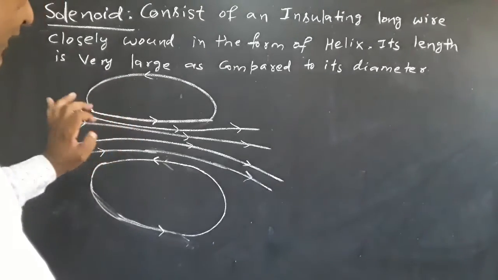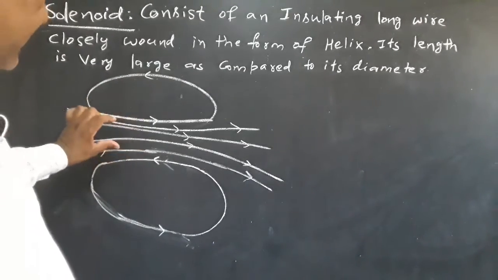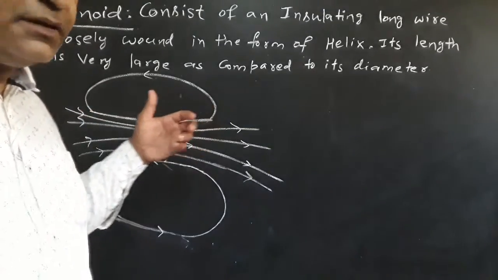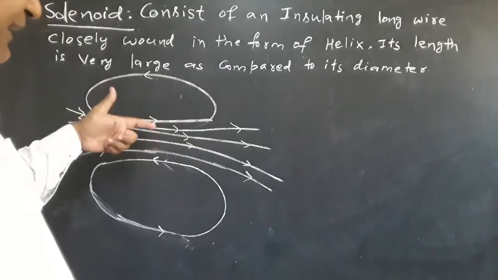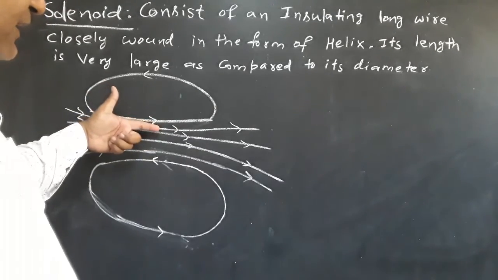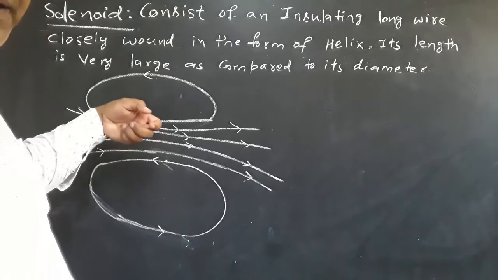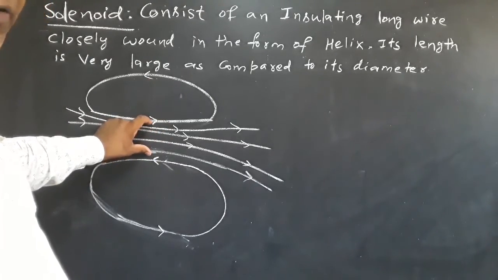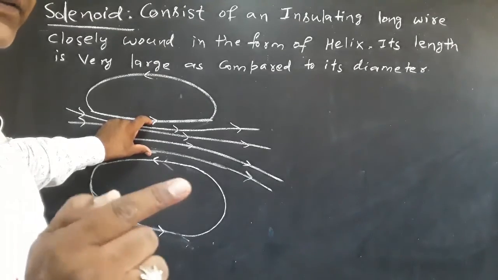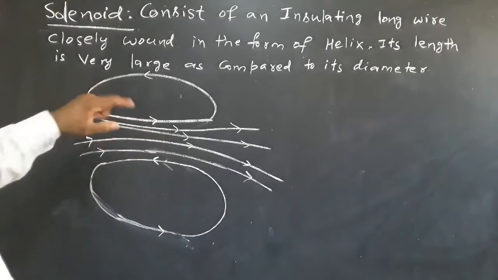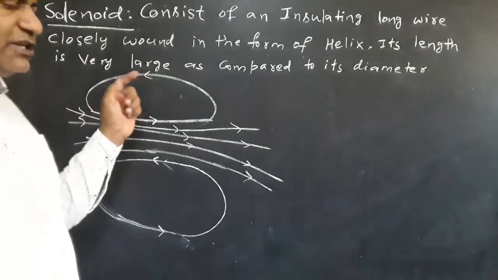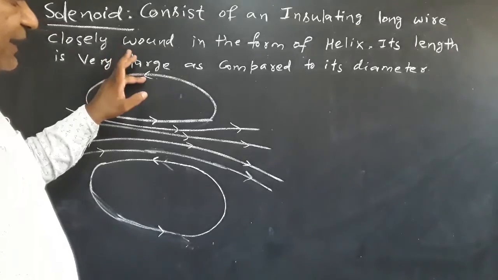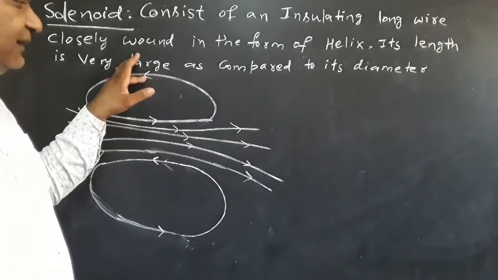Now you can see that inside the solenoid the magnetic field lines are parallel. If the magnetic field lines are parallel, then the total magnetic field is given by the vector sum of all these magnetic fields. So inside the solenoid the magnetic field is uniform and it is maximum. Outside the solenoid, due to repulsion, the magnetic field lines cancel their effect.